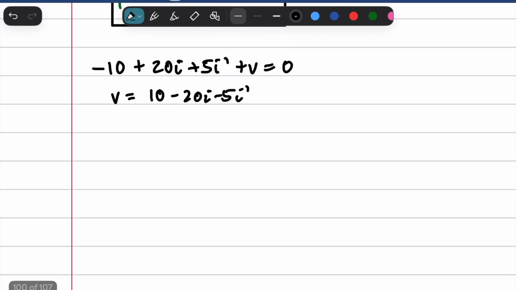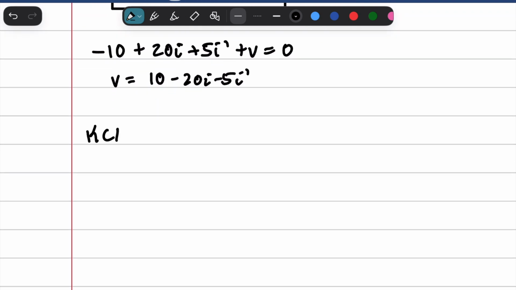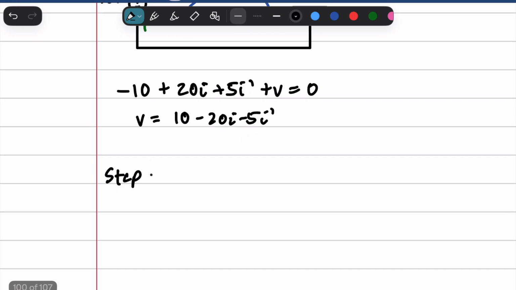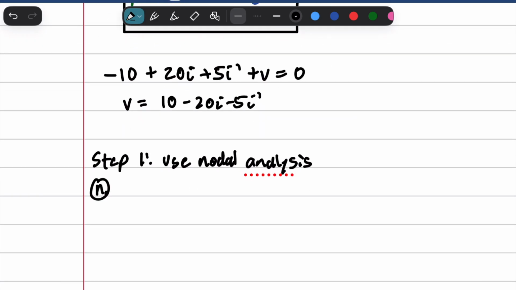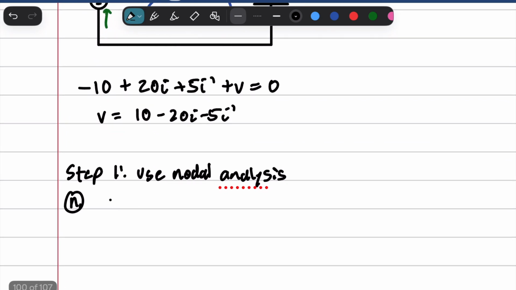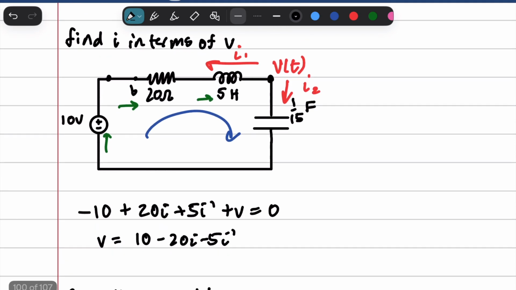And then we are going to use KCL. So KCL like normal, okay? Step 1, use nodal analysis. We're going to apply a nodal analysis at that node right there. So we've got N1, and we've got v, right?